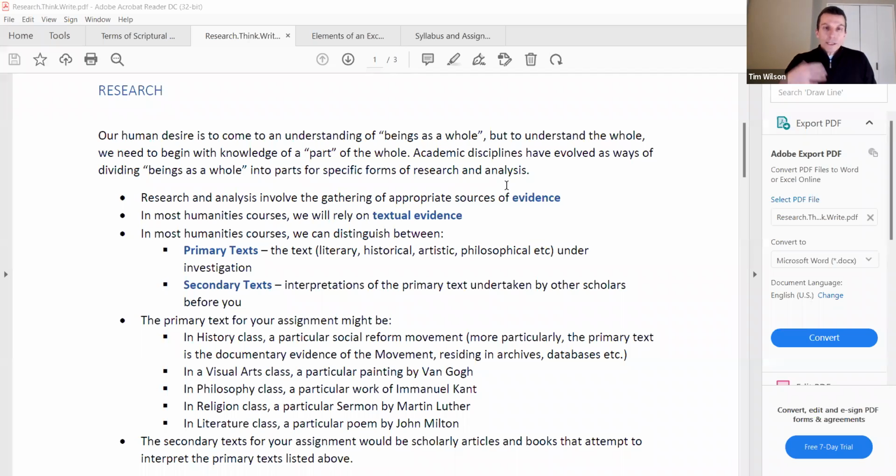And so research and analysis is the first part of this: research, think, write. We have to do the research first, then we have to do some thinking, and then we'll do the writing. So the research and analysis is that first part, and it's about diving into that topic and trying to narrow down that slice so that there's a pinpoint where maybe you know more than 99.99% of the people in the world on that topic.